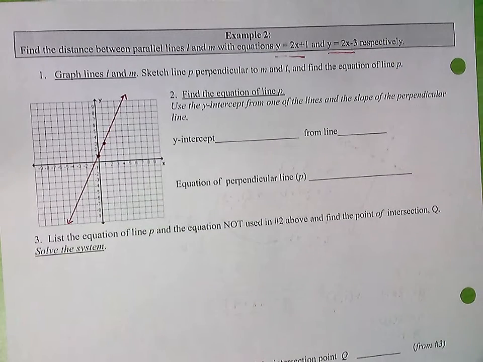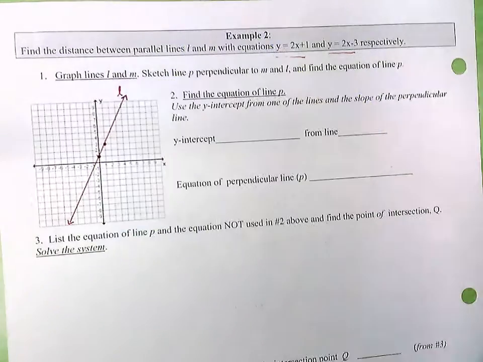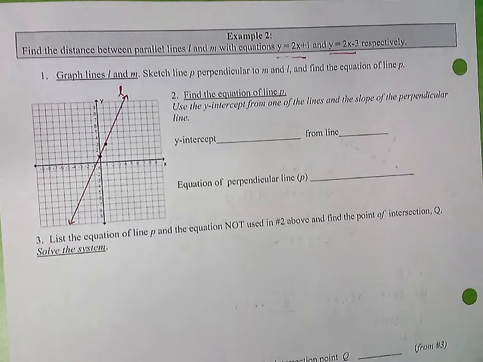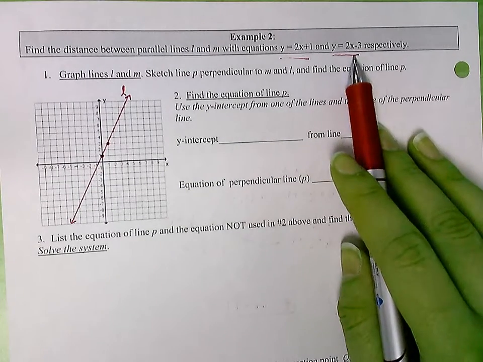So this first line is line L. Second line is line M.